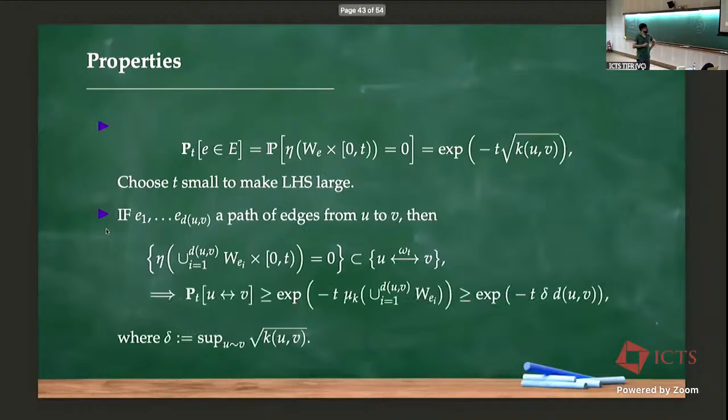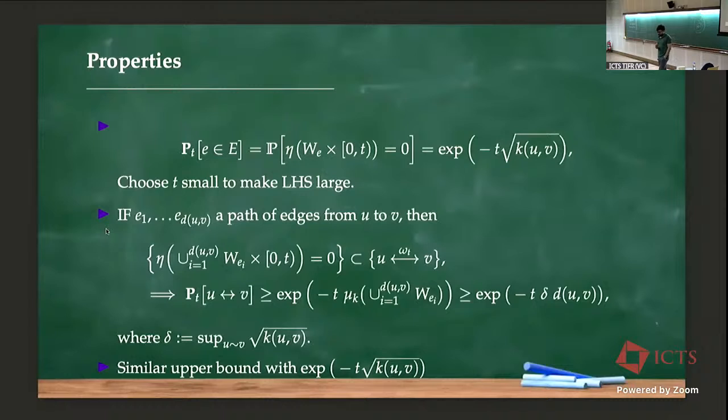In particular, I get a lower bound on the 2-point function that this is going to be larger than e to the power minus t times that. I can get a uniform lower bound by passing to the supremum over all neighbors in here. So I get a lower bound e to the power minus t times delta, defined here, times the distance.